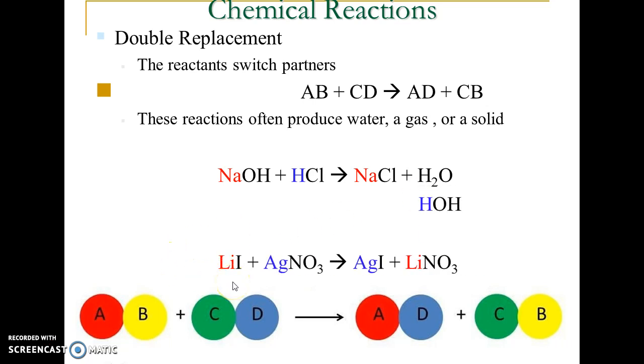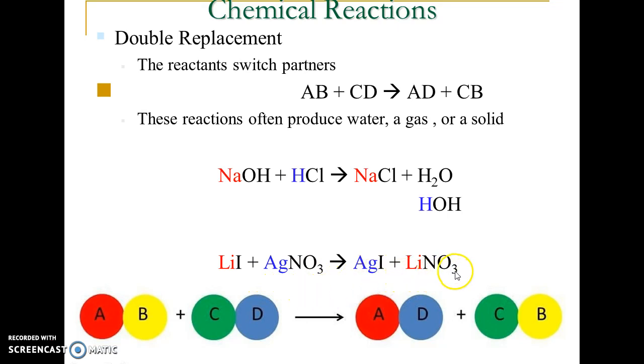Here's another chemical equation that represents double replacement. We have lithium iodide plus silver nitrate yields silver iodide and lithium nitrate. Here lithium is originally paired with iodine, and as a product, lithium is paired with nitrate. Here silver is paired with nitrate, and as a product, silver is paired with iodine.